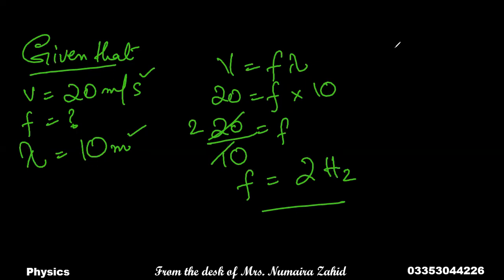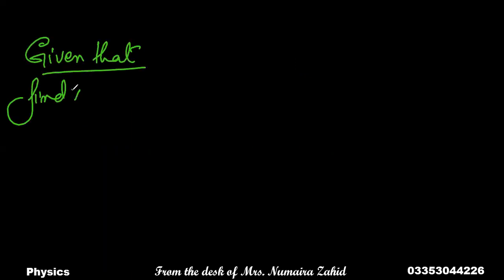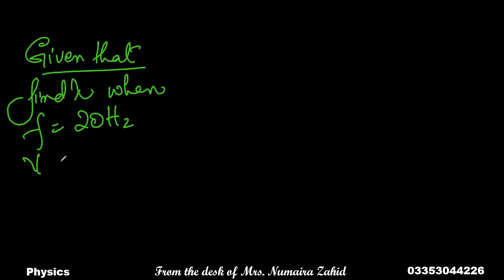Now, if we want to find the value of wavelength, the question is: find lambda, the wavelength, when the frequency of a given wave is 20 hertz and its velocity is 10 meters per second.